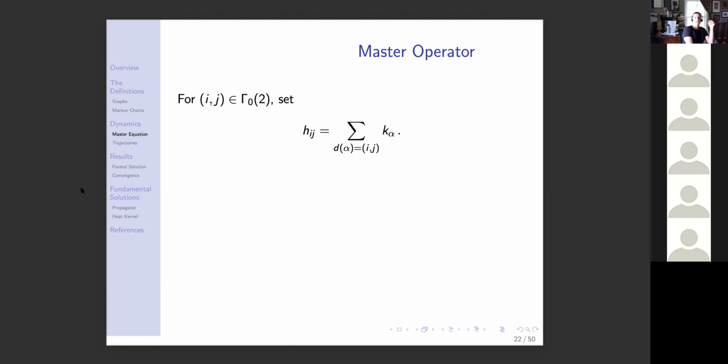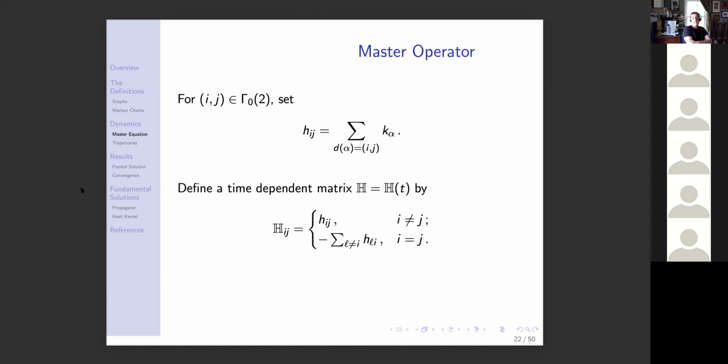That gives me a sum of rates that connect the vertex I to the vertex J. Let's call that h_ij. Then I can form a time-dependent matrix, because these functions k_alpha are functions of time. The matrix entry H_ij will be this h_ij if I is not equal to J.